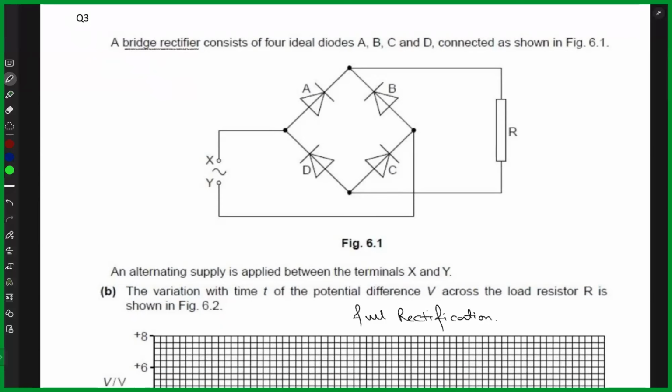But then again, it's always better to check what is happening. So you can check it by saying that first the current goes in this direction. It's an alternating current, so it goes in both directions. What happens when it goes in this direction? It goes here, and unfortunately it cannot go to this part of the diode, so it just directly goes to the resistor like this, over here, then comes back over here.